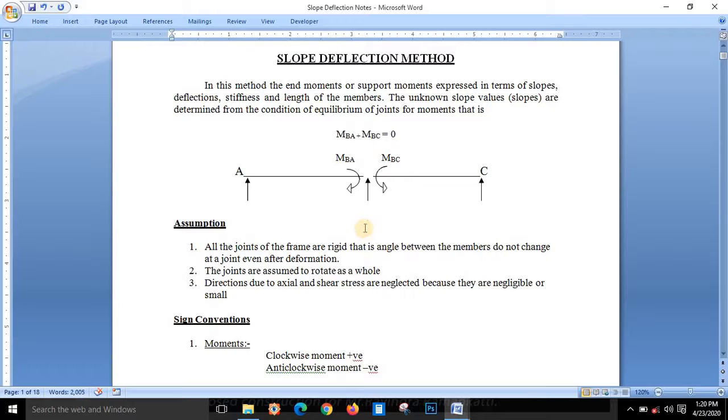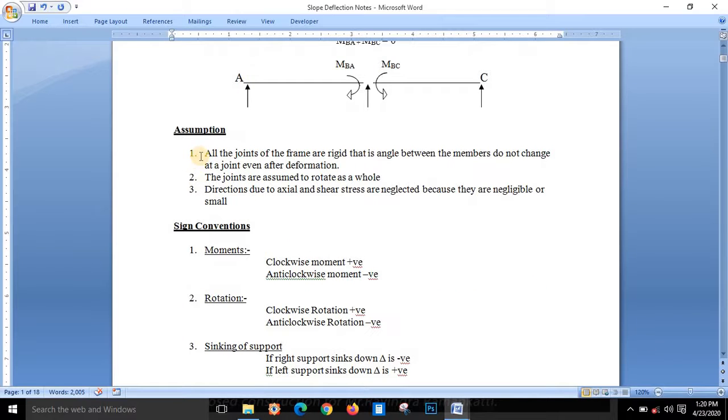In this particular theory, the basic thing we consider is that at a particular joint both the moments are equal and opposite, meaning the joint will be in equilibrium. Based on this basic we are going to solve the problem. Now the assumptions made: all the joints of the frame are rigid, that is the angle between members does not change.